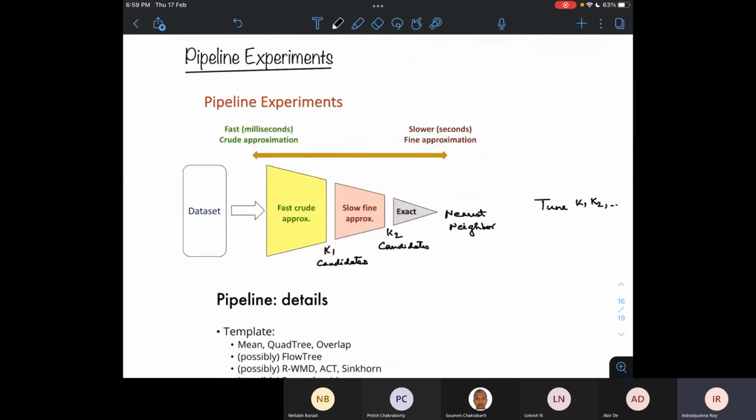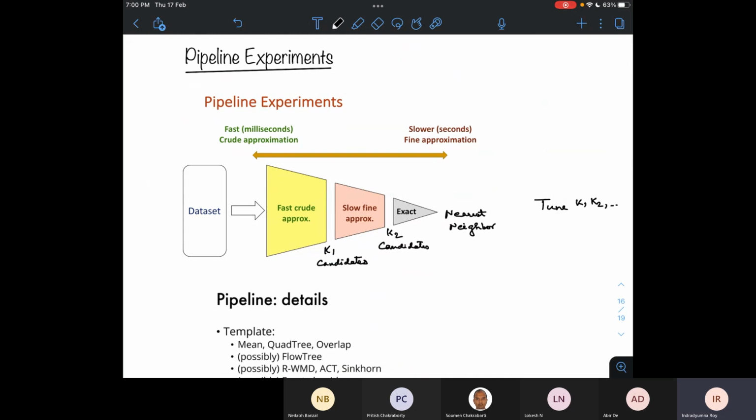People usually go through the pipeline route. So first of all, given this initial data set, you have this very crude order n approximation, which is prone to mistakes, but it filters out the most obvious non-candidates at the early stages. And then let's say you have K1 candidates at the end of the first crude approximation step, and then you give them into the progressively slower yet more accurate models.